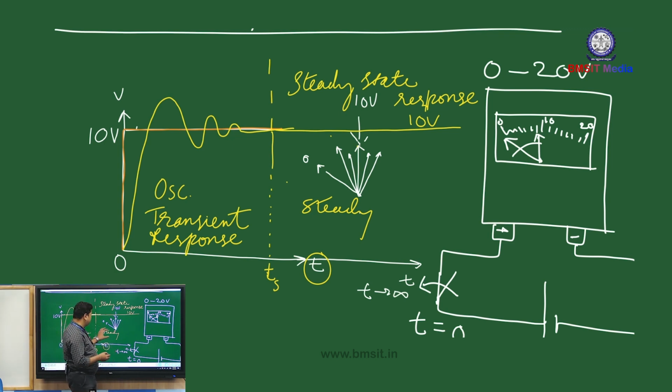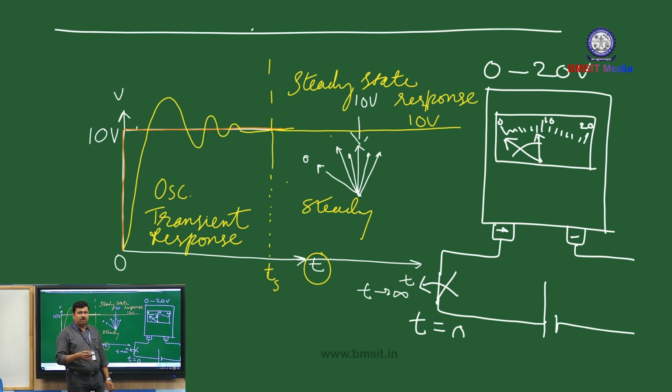Physically, I showed that this pointer will not rest at the final value instantaneously. It will take some oscillations. But how do I represent this in a model? What model will I propose to understand this? Ultimately, whenever I want to understand anything, mathematics is the tool.